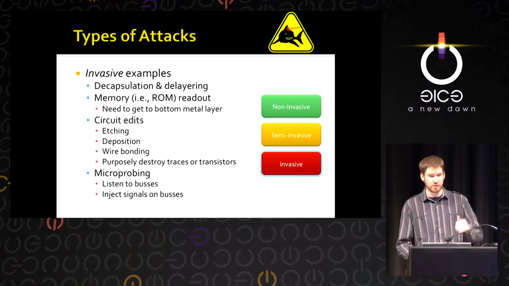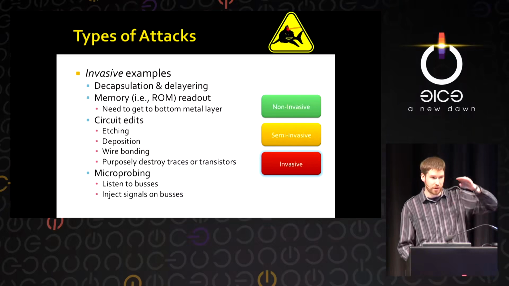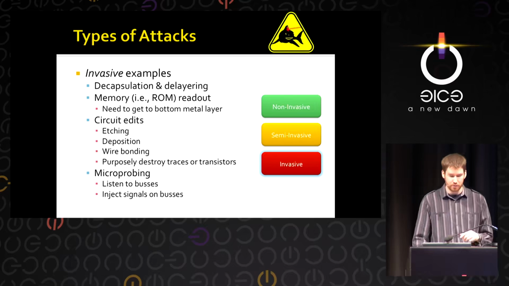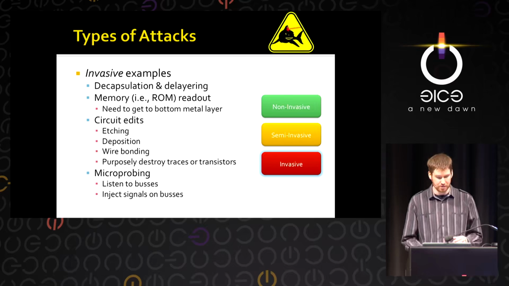So as I mentioned previously, some examples of invasive attacks are decapsulation, so taking the chip out of the package, and delayering the actual die. You could do a memory readout, which, if the circuit has ROM, for example, you'd need to get through all the metal layers down to the very first metal layer, and that's where the actual ROM transistors are formed. You can do circuit edits, so etching, where you're removing material from the die in certain areas.